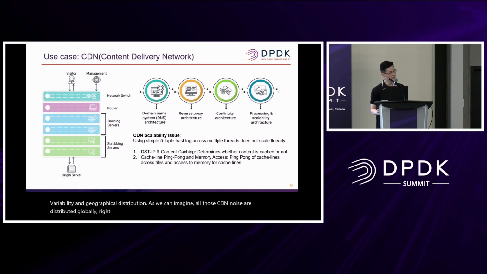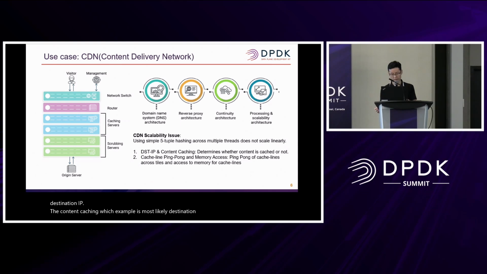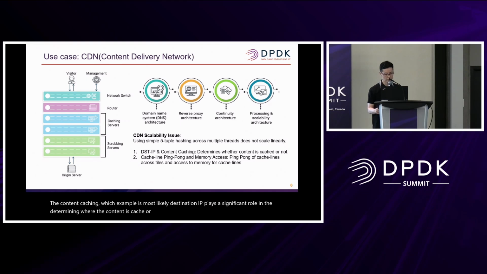So for this CDN scalability issue, people easily think that using a simple 5-tuple hashing algorithm across multiple threads would scale, but it does not really scale linearly here, right? And then the destination IP and content caching: destination IP plays a significant role in determining where the content is cached. This is fundamentally true for most CDN architectures, as I said in the beginning, because of content locality and cache key formation.